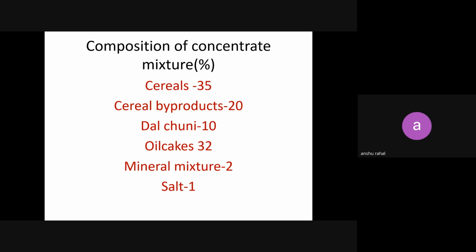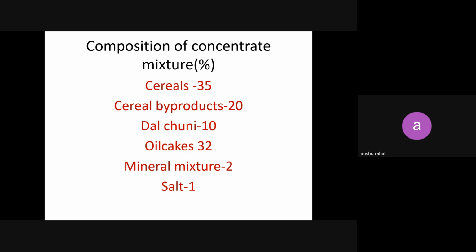You can use any of the cereal grains like maize, corn, bajra, barley, and it is added about 35 kg. Then you need to add cereal byproducts about 20 kg, which may include rice bran, wheat bran, de-oiled rice bran. Then 10 kg should be dal chuni.